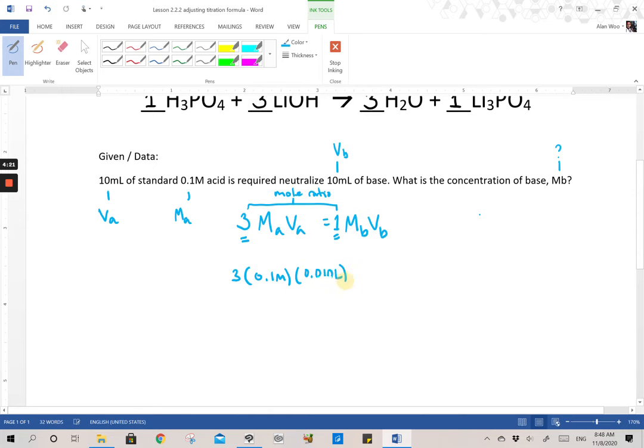3 times MA times VA equals 1 times MB, which is what we want, and VB, which is 10 mL as well. We're going to divide both sides to isolate the molarity of base.